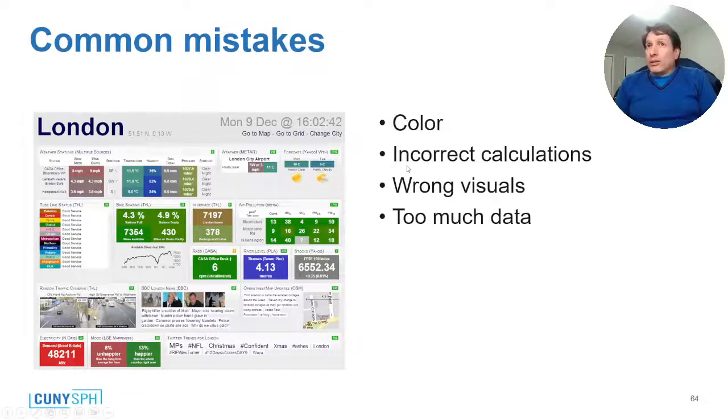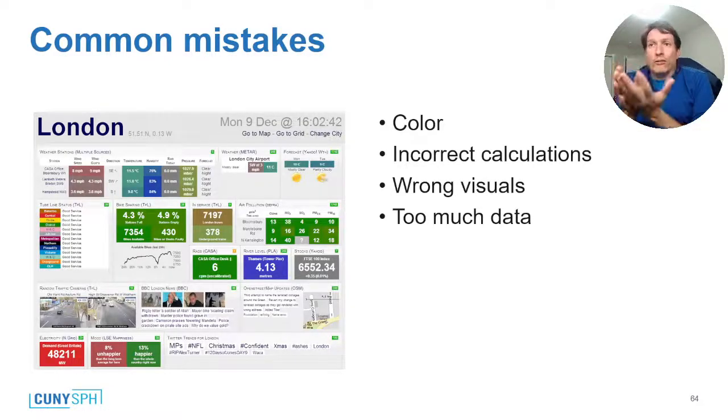Incorrect calculations are a common mistake, and of course bad calculation, bad transformation, bad output. In our second assignment we need to do some calculations, so be sure that you are doing that correctly. If you are in doubt, please ask. We'll be more than happy to help you with that. Wrong visuals. The wrong visual for the type of data that we're using is really common.